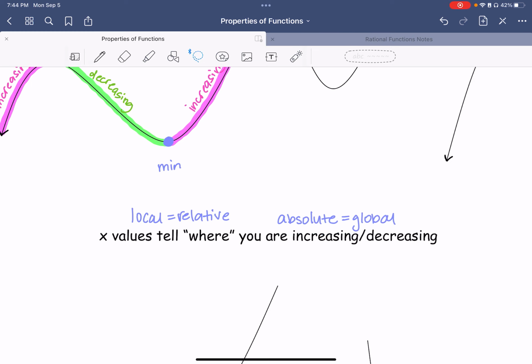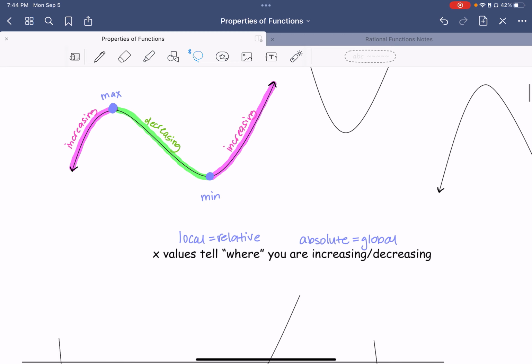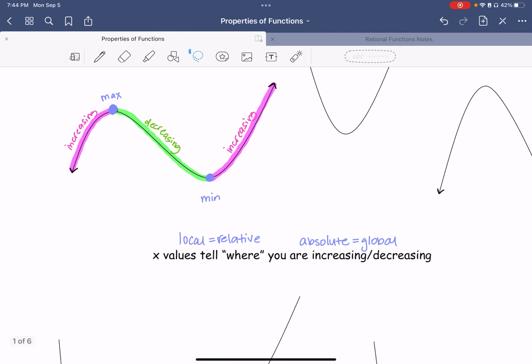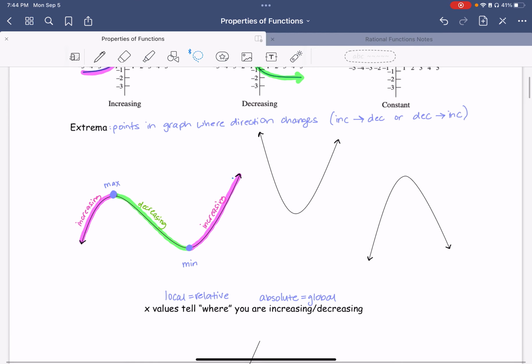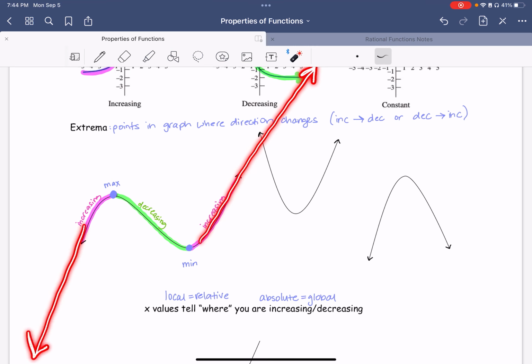Okay, so now what's the difference between local and absolute? So absolute, think of it as the absolute highest or absolute lowest point in the graph. And if you were to draw a line through the point, there would be nothing above it or nothing below it. Okay, so let's observe this one. These arrows right here indicate that the graph is going up and down towards negative and positive infinity, right? This line goes up forever and this line goes down forever.